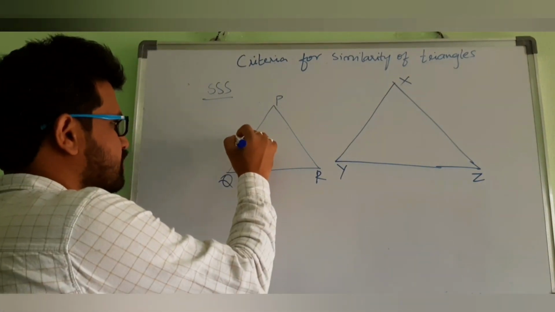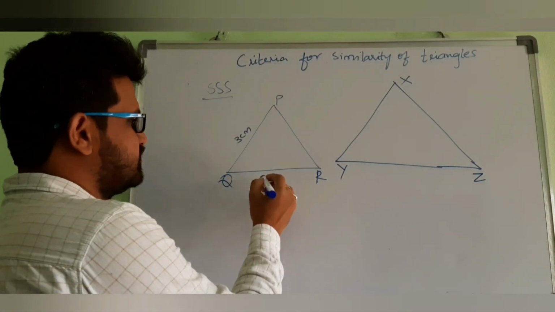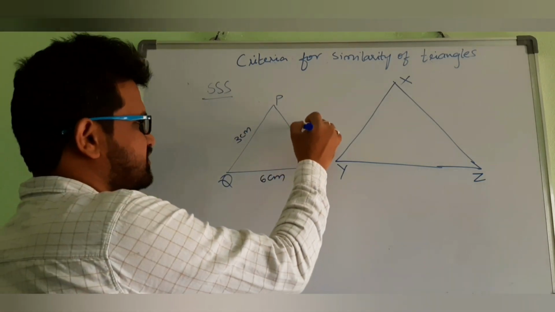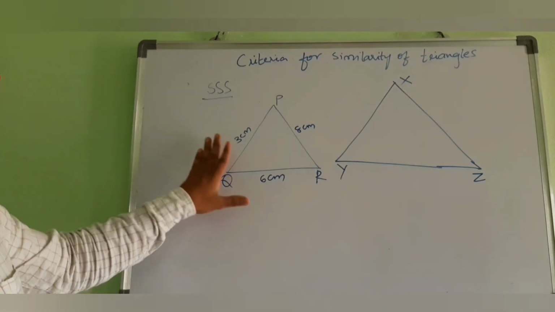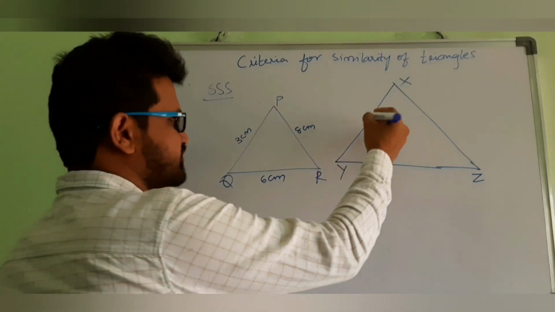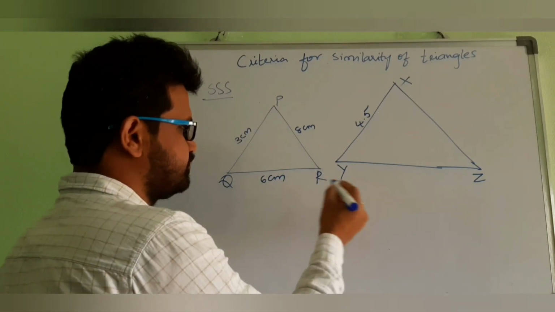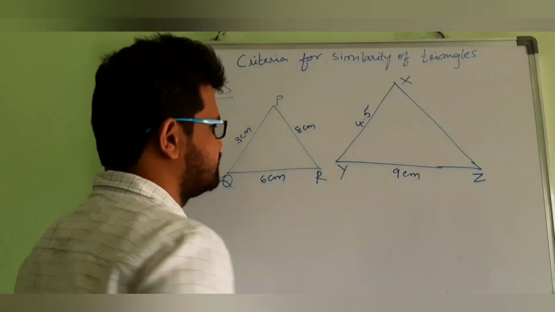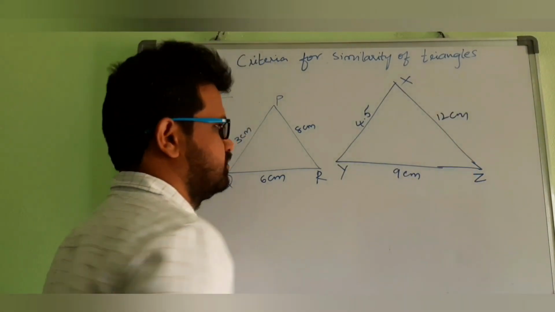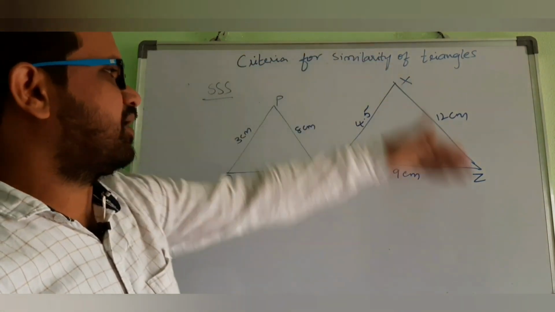Here I'm taking PQ as 3 centimeters, QR as 6 centimeters and PR as 8 centimeters, not exact values. In the other triangle, XY is 4.5, YZ is 9 centimeters, and XZ is 12 centimeters.